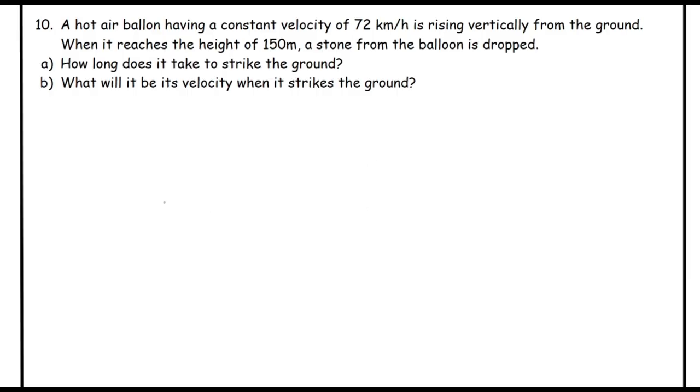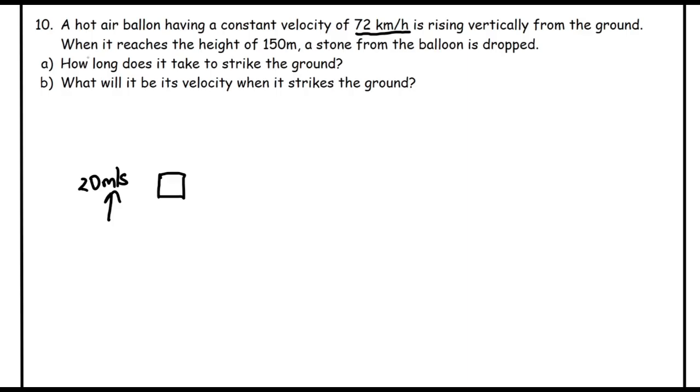Before we begin solving, let's visualize this situation. So we have a hot air balloon. We are told that it is rising vertically with a velocity 72 kilometers per hour. But let's convert this to meters per second. 72 kilometers per hour in meters per second is 20 meters per second.